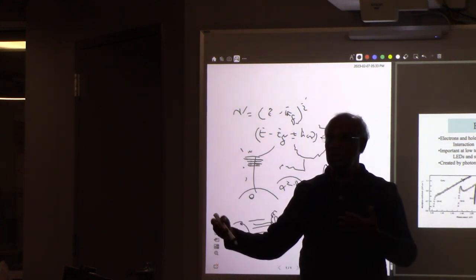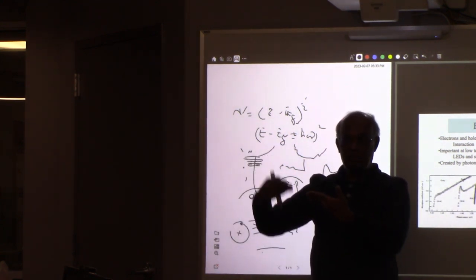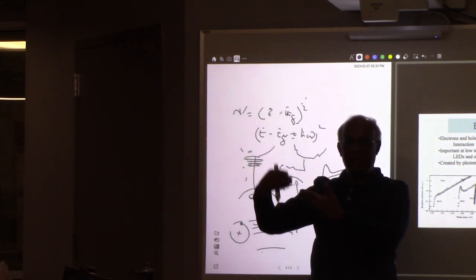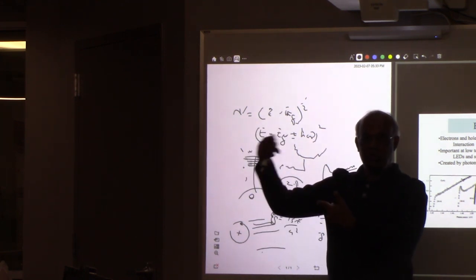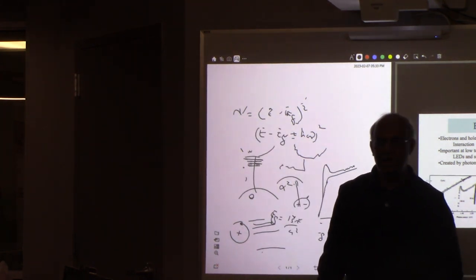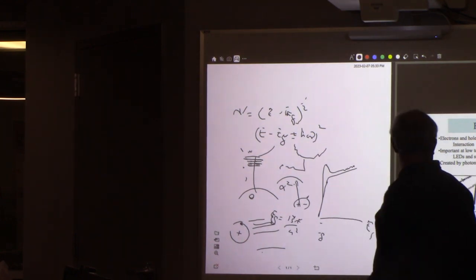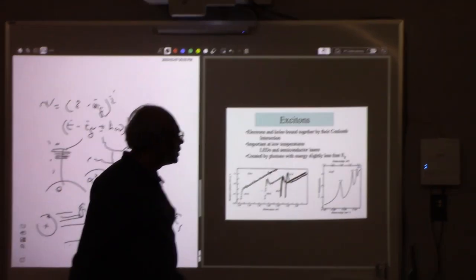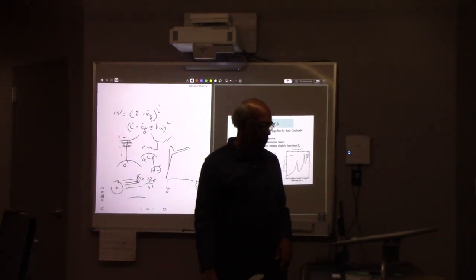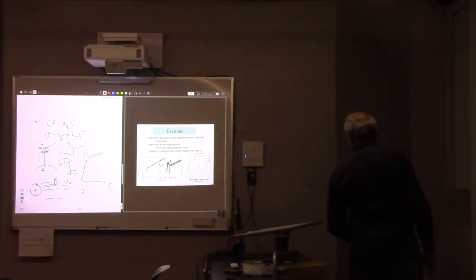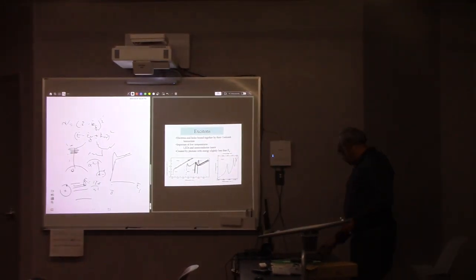Just like in the hydrogen atom you have the Balmer series and Paschen series, just like that you can see excitonic levels coming here. This is very important when you study spectroscopy of semiconductors.